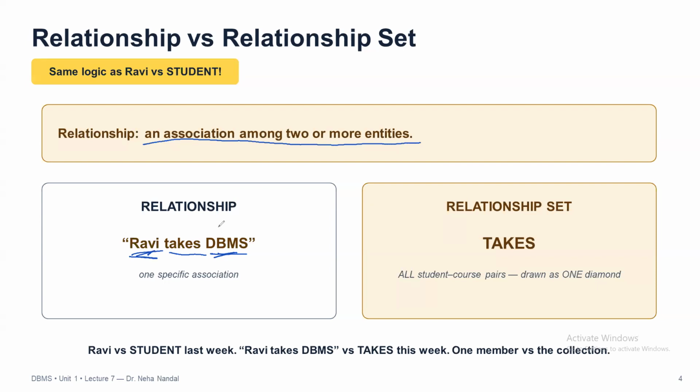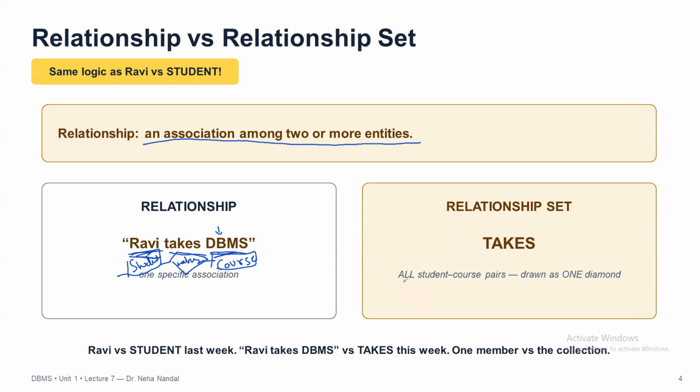This is one entity, and its entity set is course. And this is one entity, and its entity set is student. What is the relationship? The relationship is takes. We discussed that in the previous slide also. The collection of all student-course pairs in the college will become your relationship set.